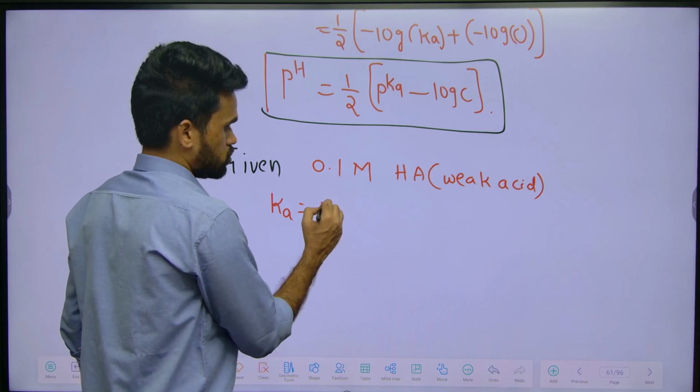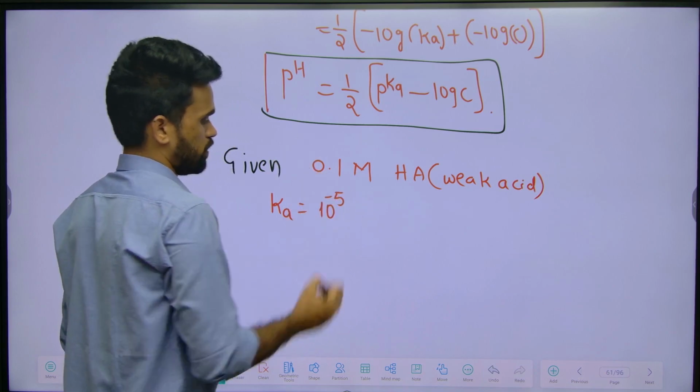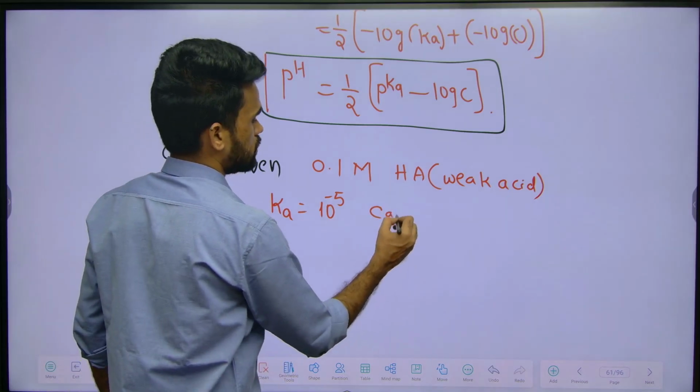So it is mentioned as 10 power minus 5. Calculate pH.